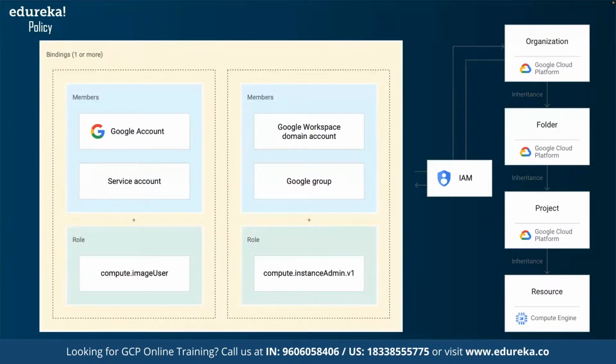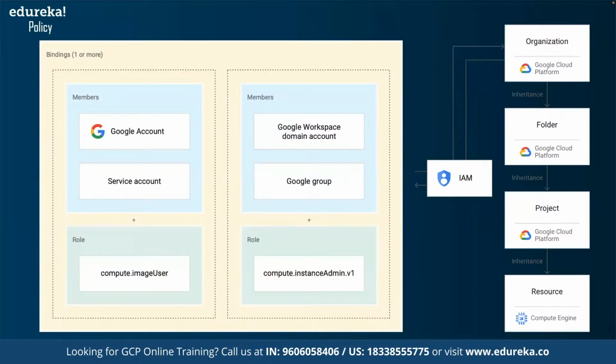Then we have projects. Projects are children of the organization or of a folder. And we have the resources. Resources for each service are the descendants of a project. Always remember that each resource has exactly one parent. It has only one parent. So this is the overall idea about the resource hierarchy.